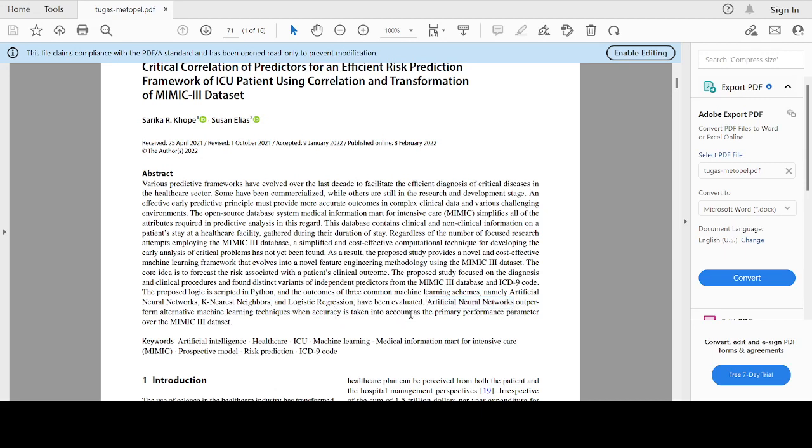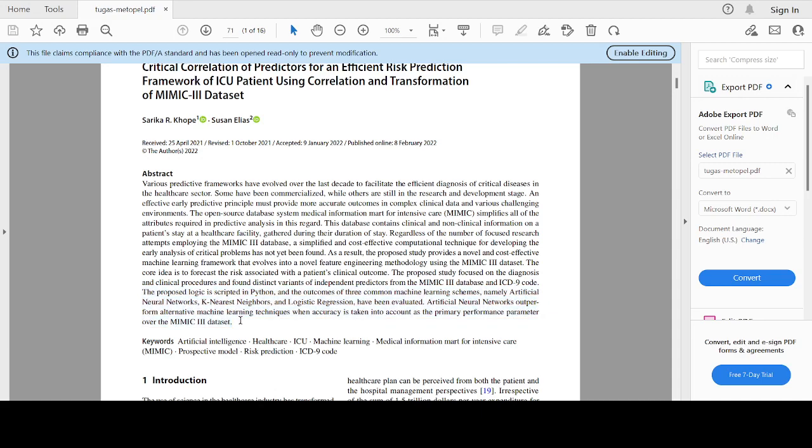So when they say the performance outperform, it is to be expected. Although sometimes there are times where logistic regression and k-nearest neighbor outperform artificial neural networks in some cases, but I think this is to be expected.